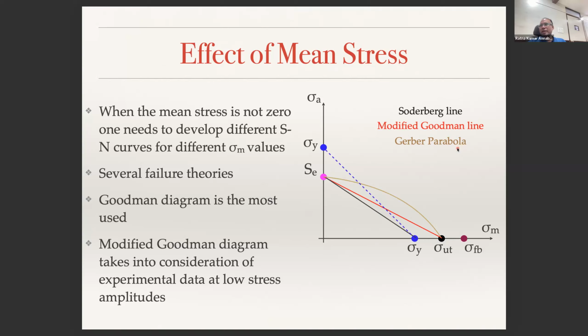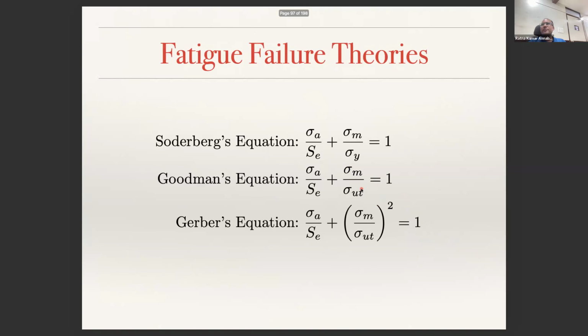People also take into account the sigma FB, which basically has to take care of the Bridgman correction, which we are not going to worry about. Don't worry about this line at this point of time. Let us focus only on the modified Goodman line and Gerber's parabola.